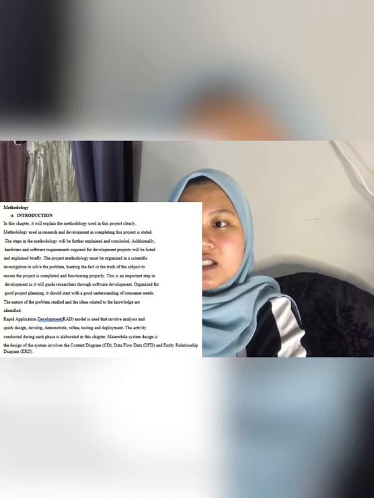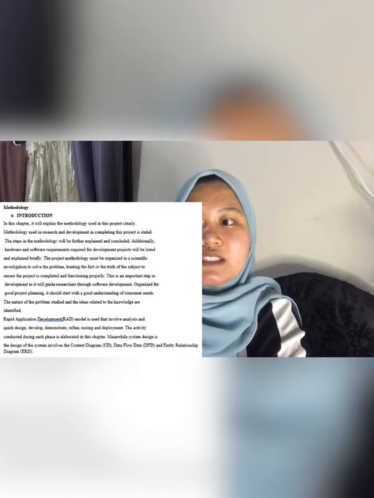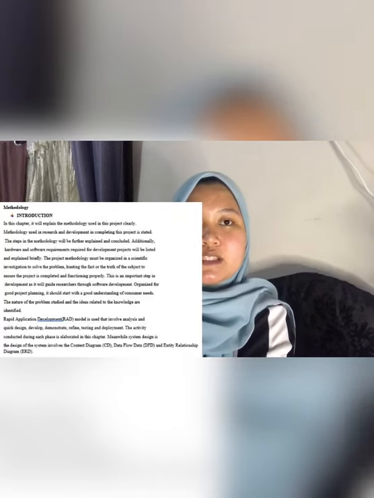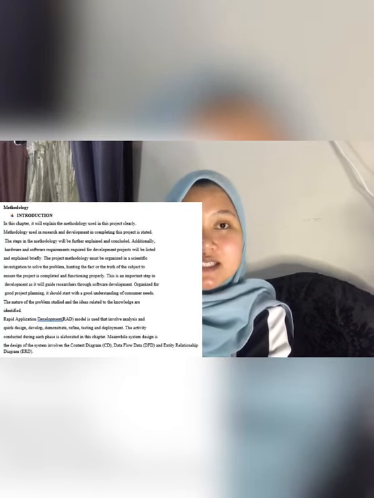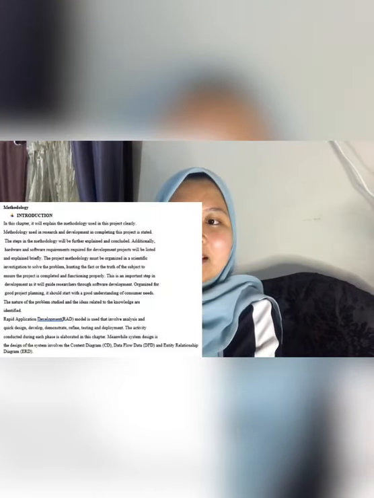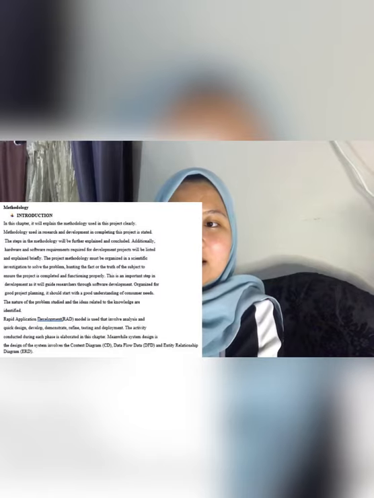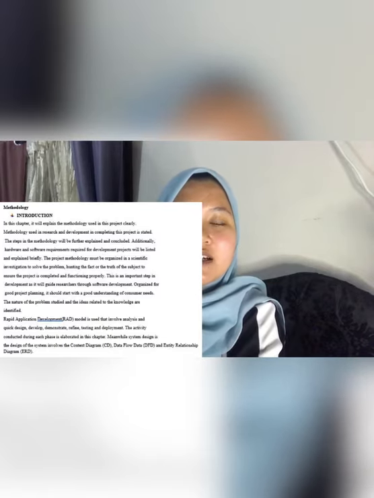The activity conducted during each phase is elaborated in the chapter. Meanwhile, system design involves the context diagram (CD), data flow diagram (DFD), and entity relationship diagram (ERD). Okay.